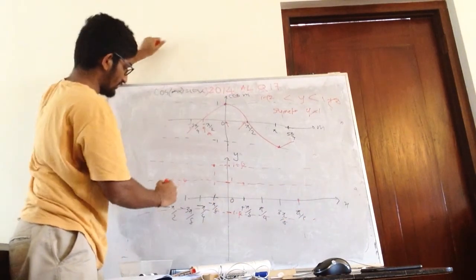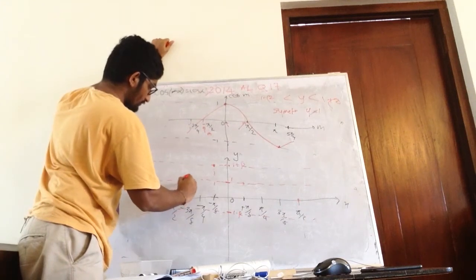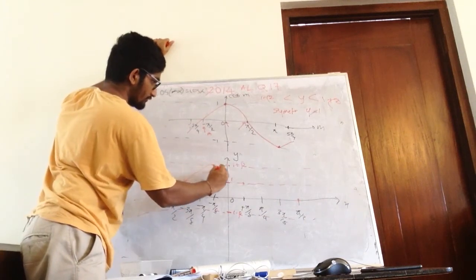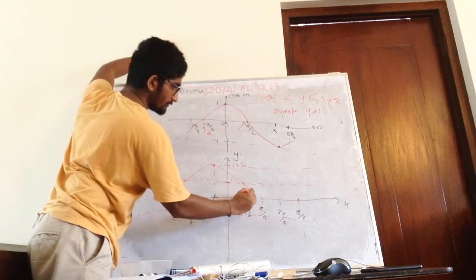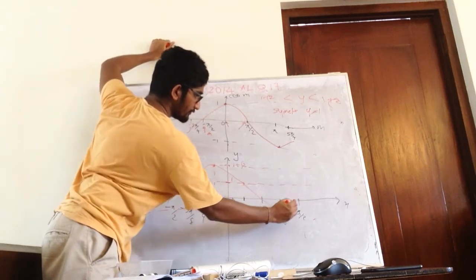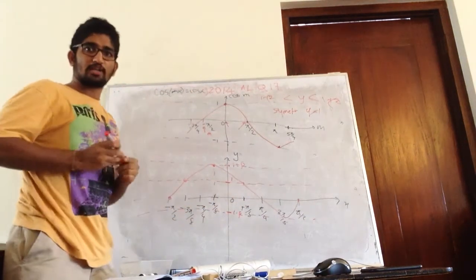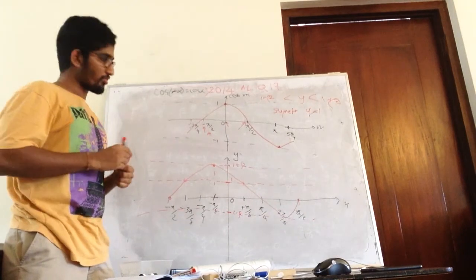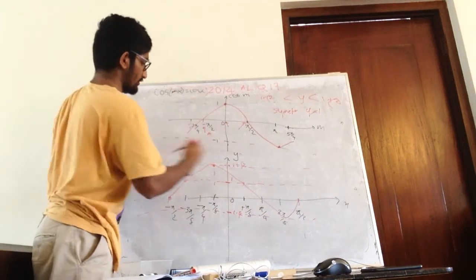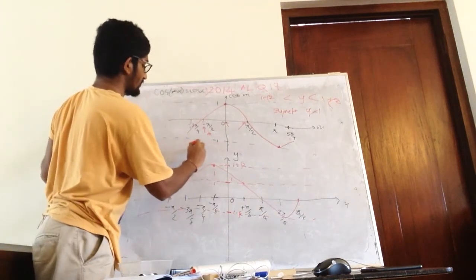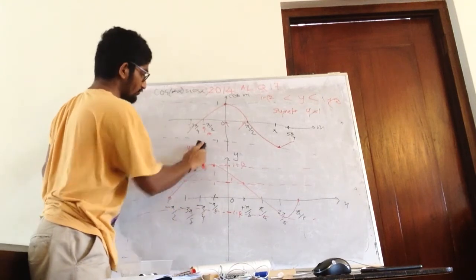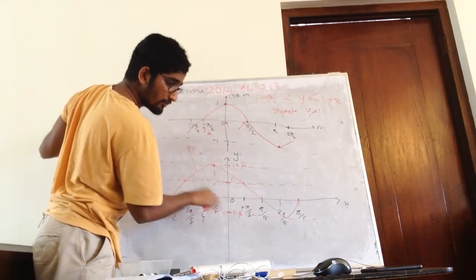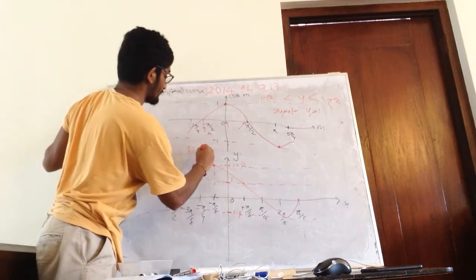So now I just need to draw this. So something like this, right? So this is y equals 2fx. Sorry, y equals 2fx.